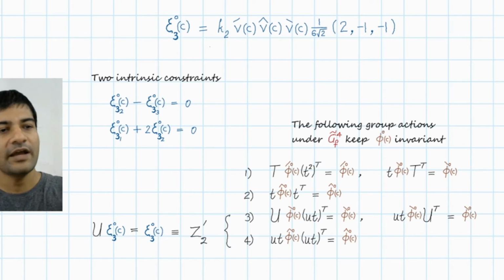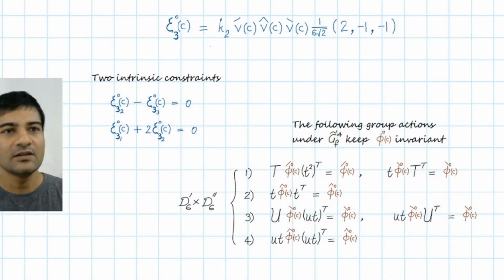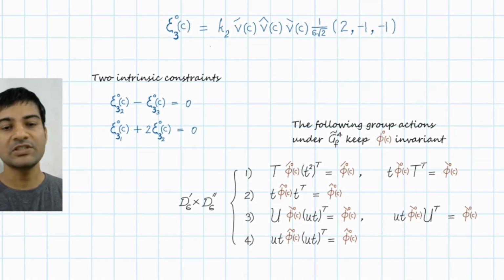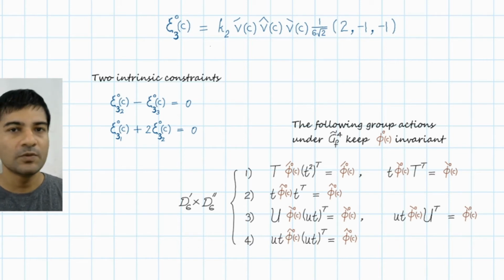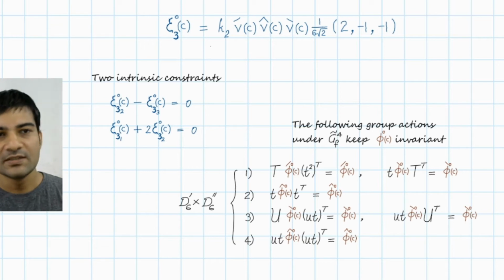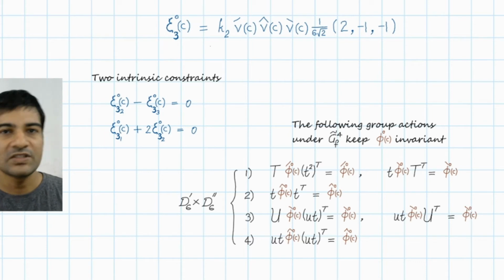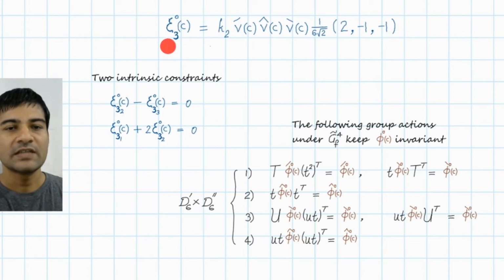But we also have additional symmetries of phi 0c arising under the larger group G tilde F4. By additional, I mean the transformations under this D6 prime cross D6 double prime beyond the Z2 prime group that I mentioned earlier. Now the question is, do these additional symmetries also manifest as the symmetries of Xi3 0c?